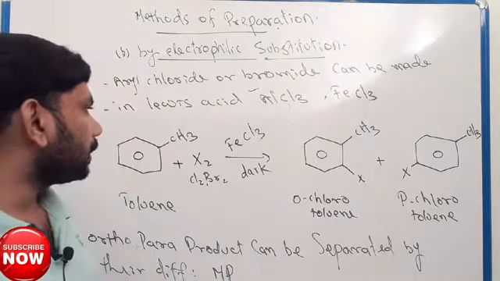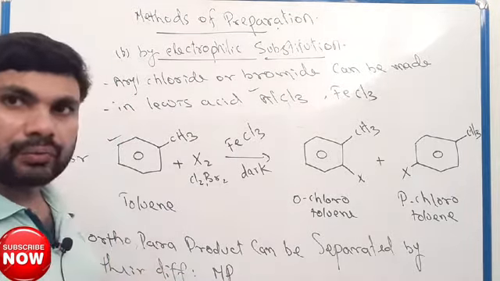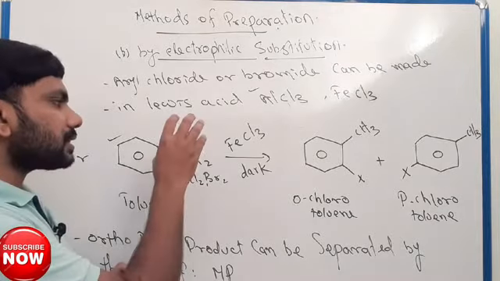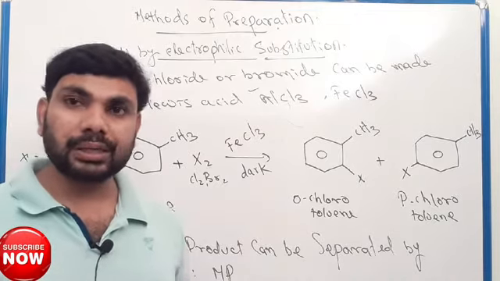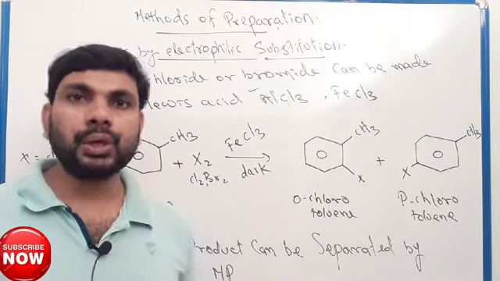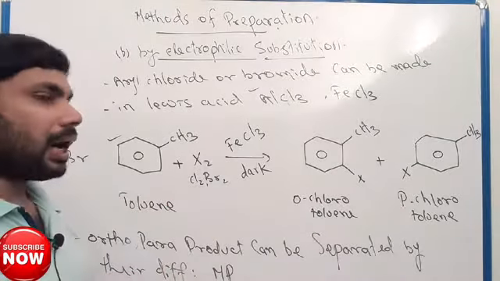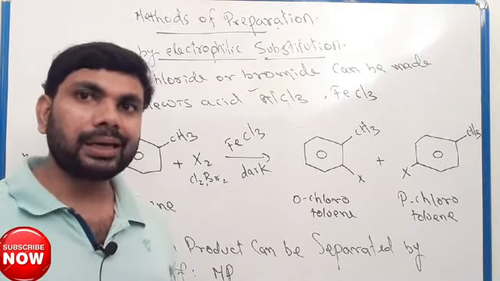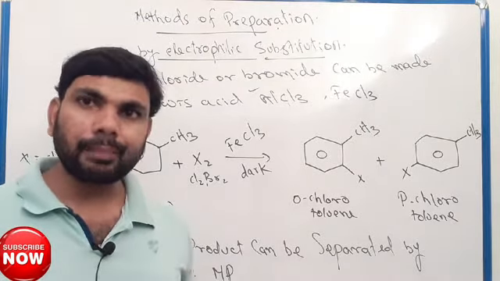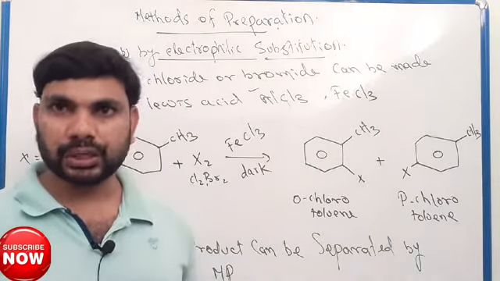So here this is one aromatic compound. This is toluene. Toluene reacting with X2. X2 means Cl2 or Br2. By this method, we will produce aryl halide, aryl chloride or aryl bromide, by electrophilic substitution.